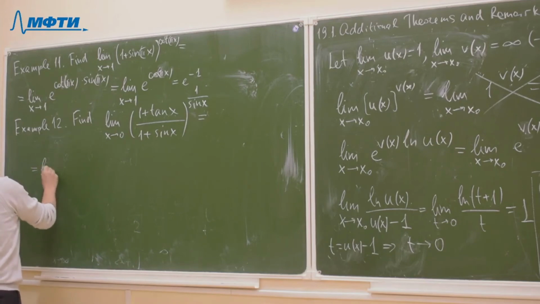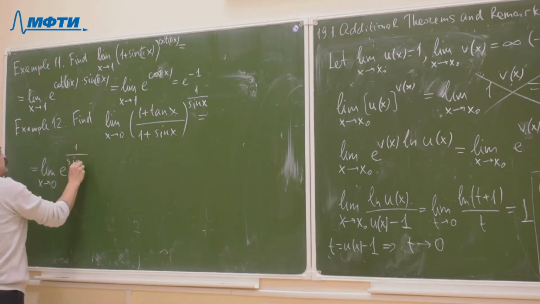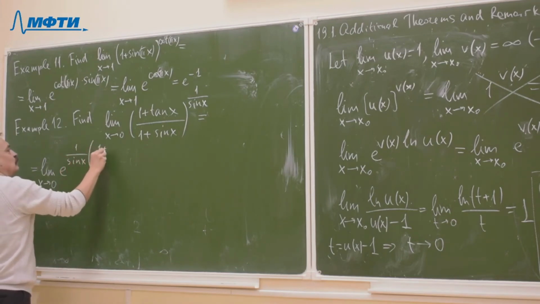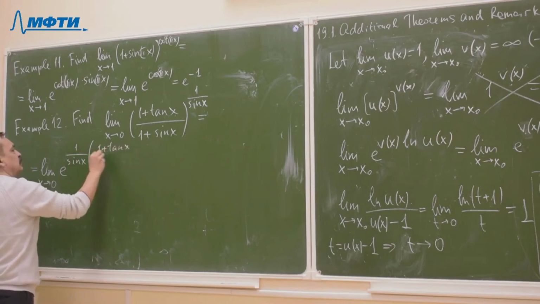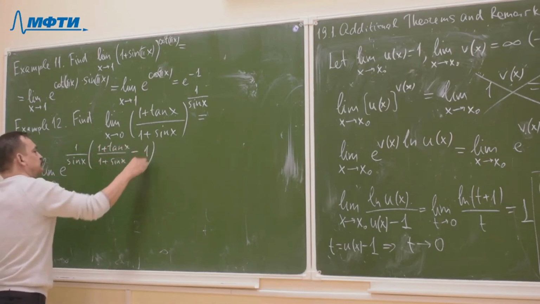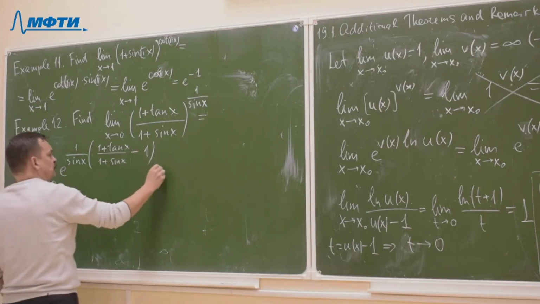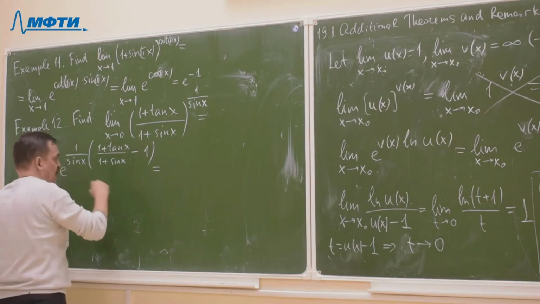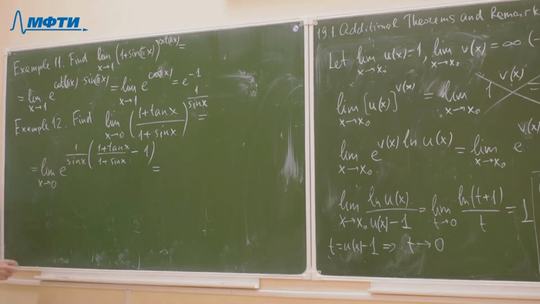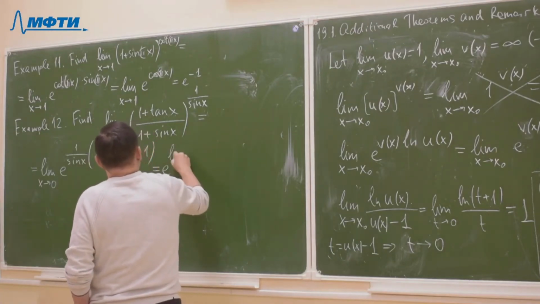So the limit as x tends to 0 of e to the power 1 over sine x times (1 plus tan x over 1 plus sine x minus 1). In fact, here we'll use continuity.